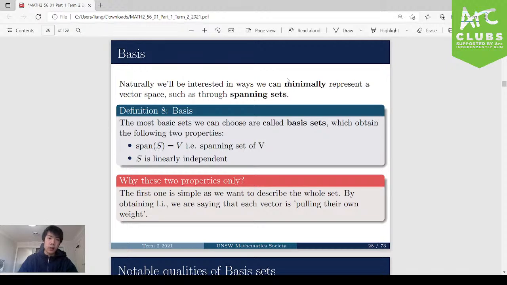Because if it was not linearly independent, then some vector, let's say vk, for example, could be written as a linear combination of all of the other vectors within that set. But then that means vk is kind of redundant, right? Like we never really needed vk then. So by having linear independence, every vector has importance in that set. And so I guess that's why they say it's similar to saying that they pull their own weight. Okay.